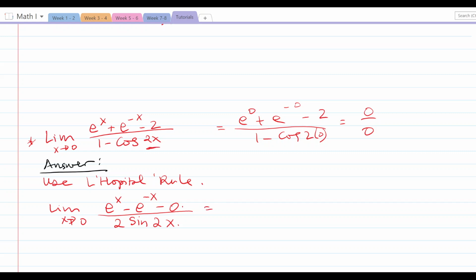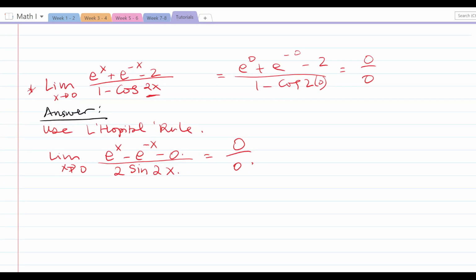So now we're ready to do the substitution if necessary. As we can see, when we substitute x equals 0, we still have 0 over 0. For that reason we need to take a further derivative.